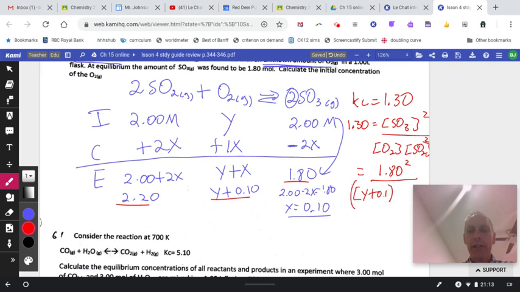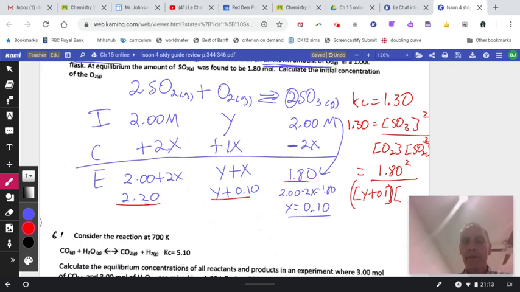And do double brackets, make that one a square. And this one is 2.20 squared. Don't forget that squared from there and from there. Okay, so now I can graph it and solve for the intersect. Solve for intersect by graphing.